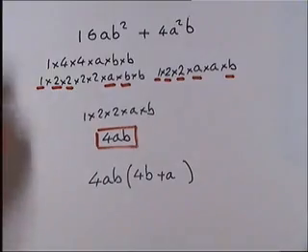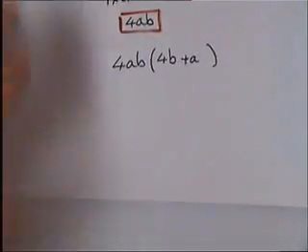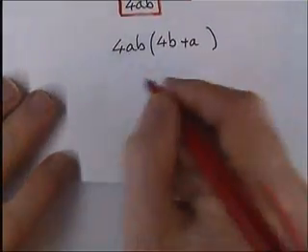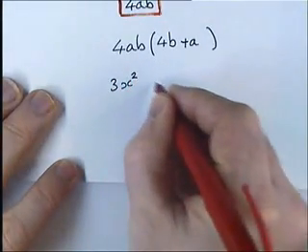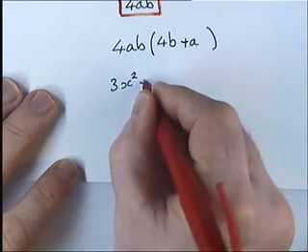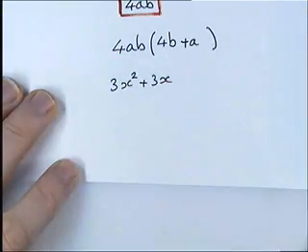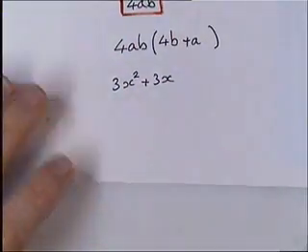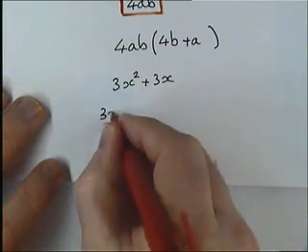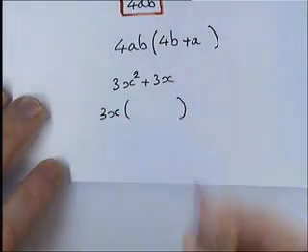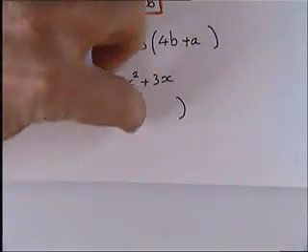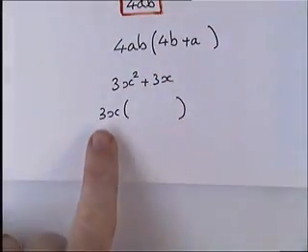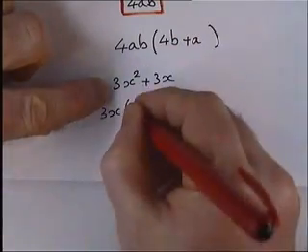I'll give you an example of one like that right away so we understand. 3x squared plus 3x. So the highest common factor, I'm just going to put it down straight away, in this case is 3x. Okay, so that's the highest common factor of 3x squared and 3x. Now, what do we times the 3 by to get the 3? It's 1.